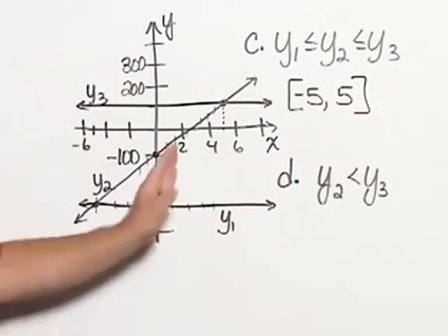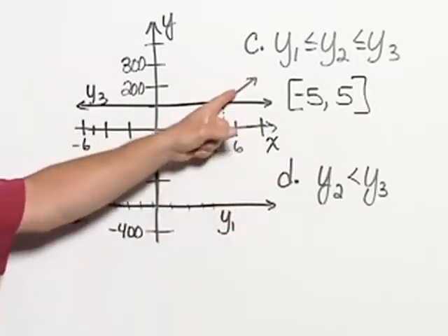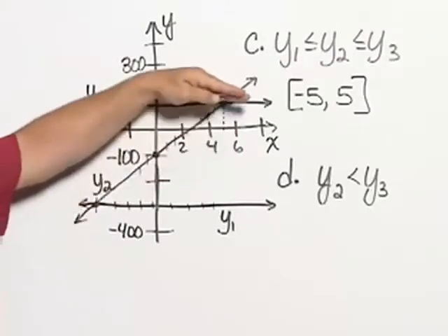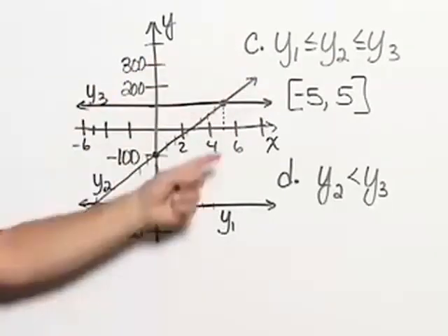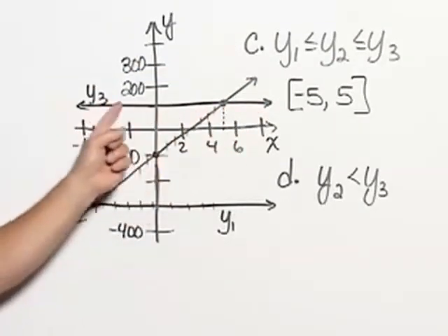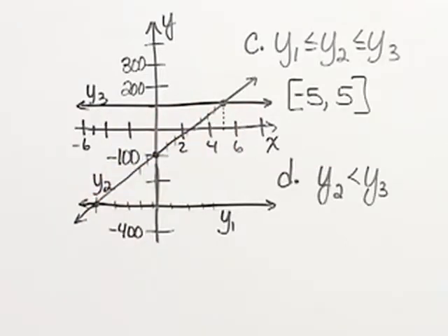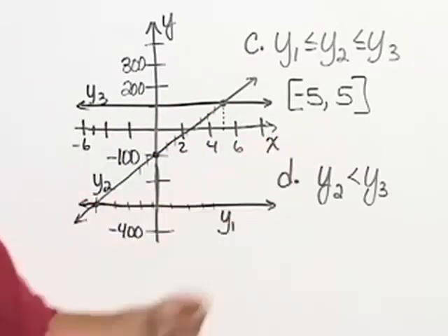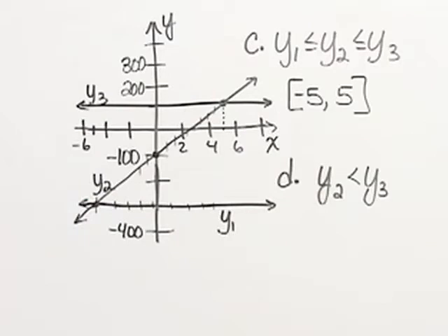Notice that beyond 5, y sub 2, which is this line, has greater y values than the horizontal line y sub 3. So that's our solution from -5 to 5, inclusive of both endpoints.